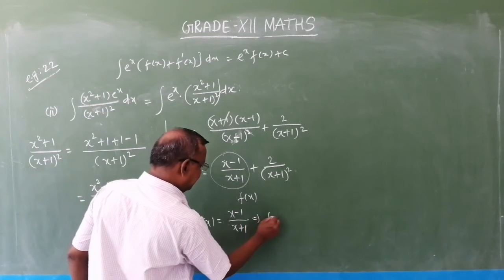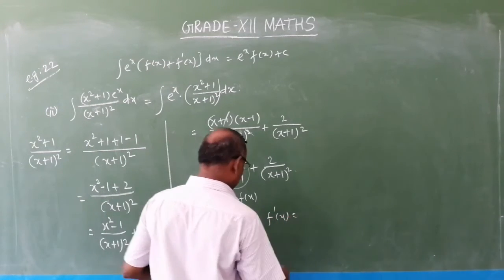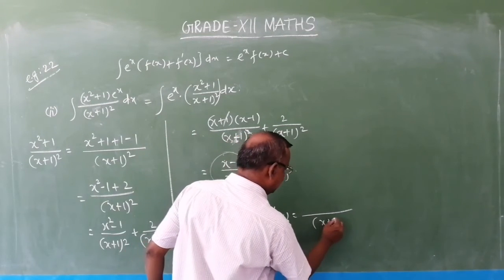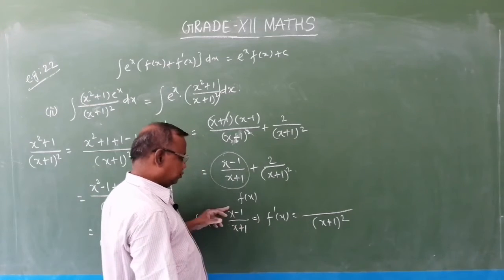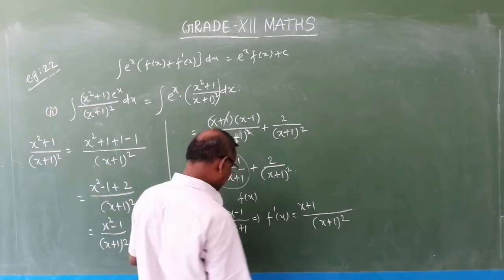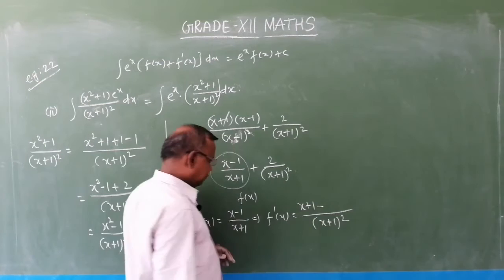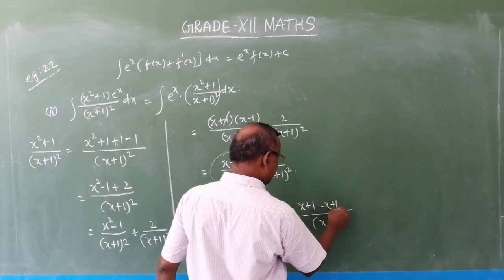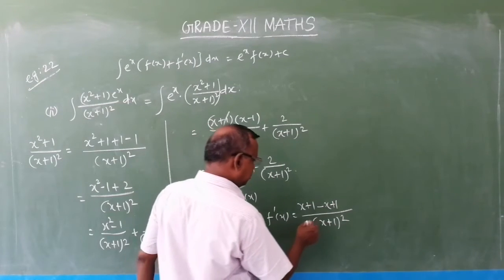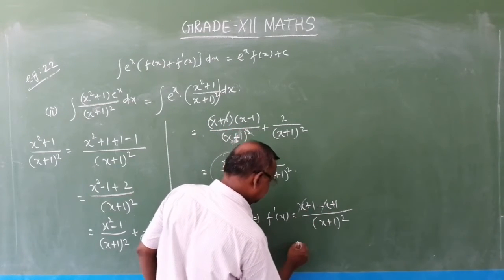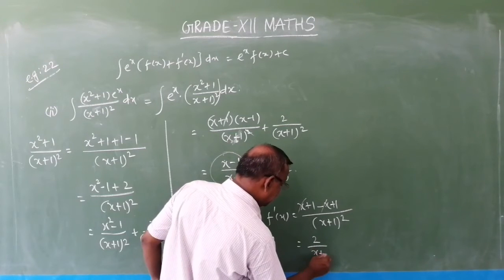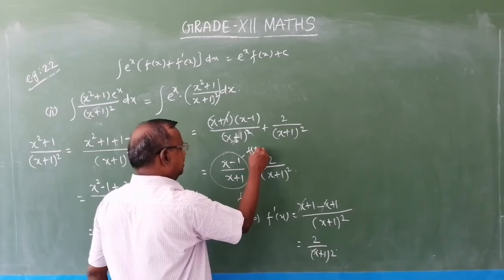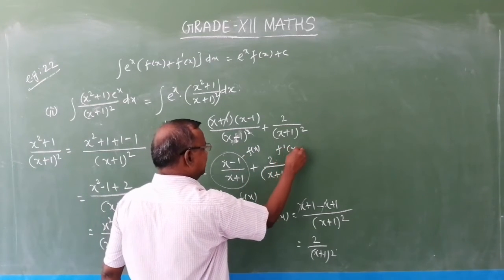So f dash of x equals, this is u by v, differentiating gives v square, that is x plus 1 the whole square, in the numerator v into u dash, that is x plus 1 into 1, minus u into v dash, minus of x minus 1 into v dash, which is 1. So this is equal to 2 by x plus 1 the whole square. So this is f of x, and this is f dash of x.